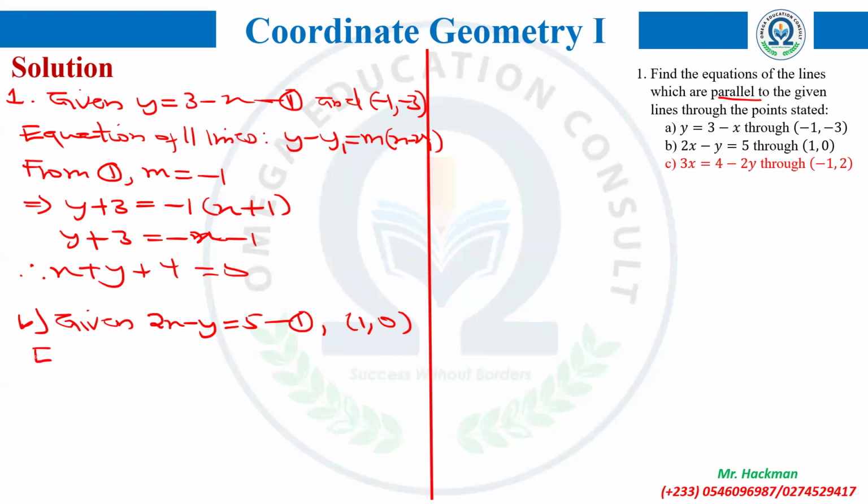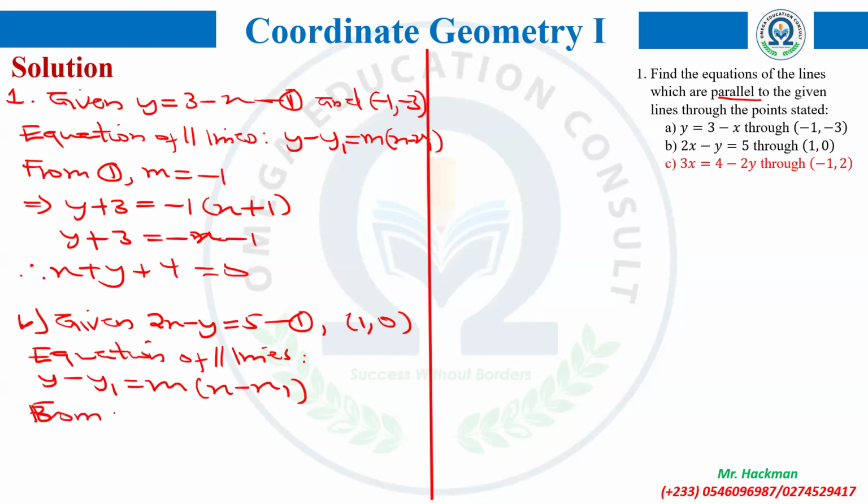So in this case, from equation 1, I will go to the formula first. The parallel line equation is given by y minus y1 is equal to m times x minus x1. That's equation 2. So let's go and get the gradient from equation 1.